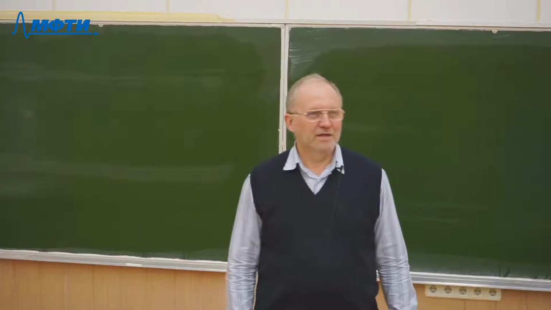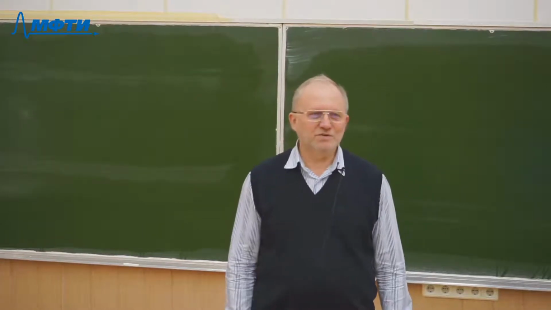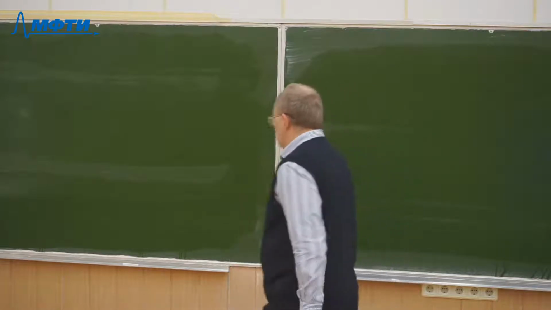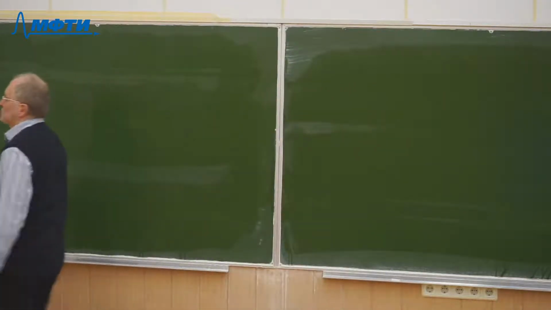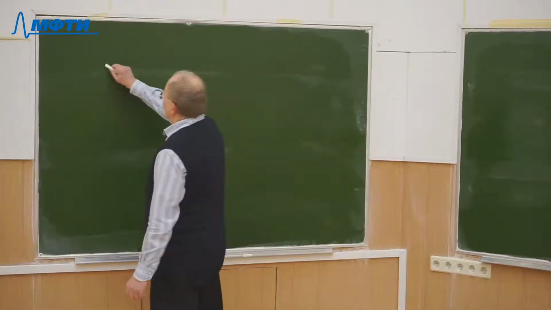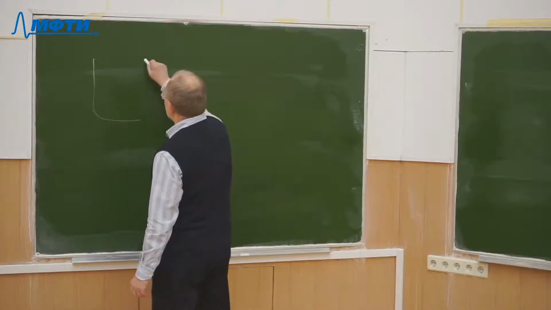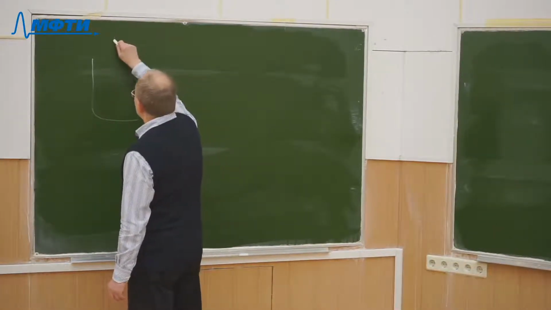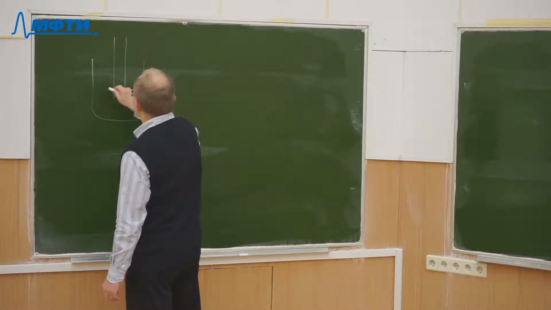Hi. In the end of the last lecture, I drew a sketch showing the phenomena of wetting and non-wetting. We had a vessel with water and a capillary tube made of glass immersed into this vessel.